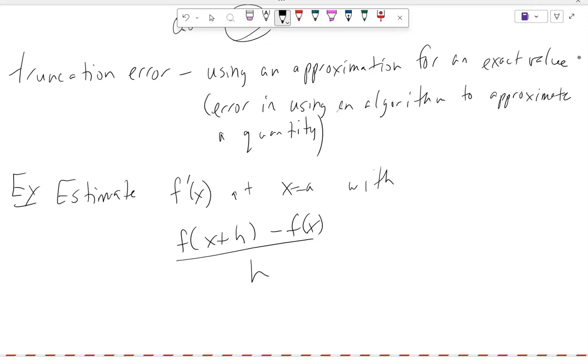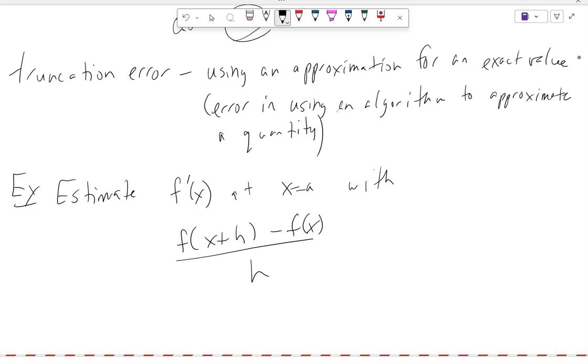So even with perfect computation, there is an error that pops up. That's truncation error. It has nothing to do with the representation of the numbers themselves. The numbers can be represented perfectly. All of your computations can be done perfectly with infinite precision, and you still get a wrong answer. That's truncation error. Does that make sense?